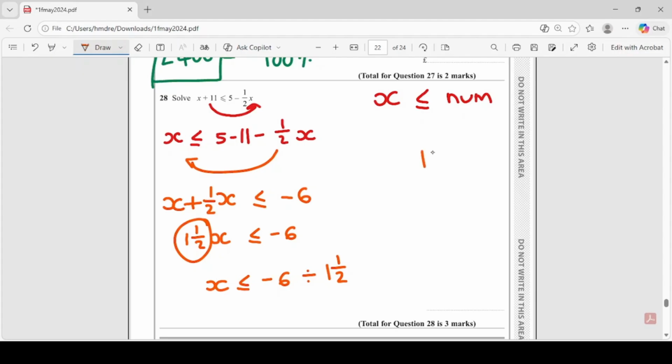So if you count, it's 1.5. If you add another one, it's 3. Add another one, it's 4.5. Add another one, it's 6. So it goes into 6 4 times. So x is less than or equal to negative 4 because we keep that negative sign. And that is our final answer for this one.